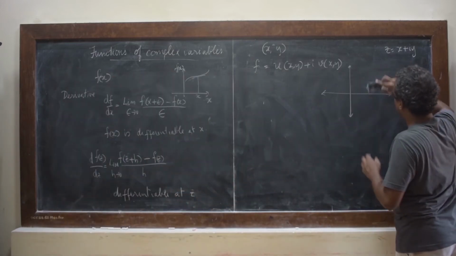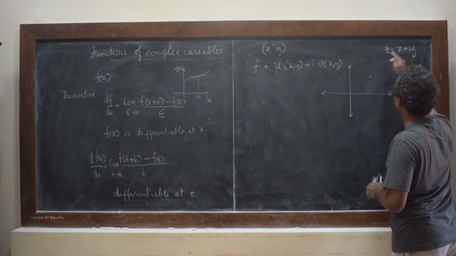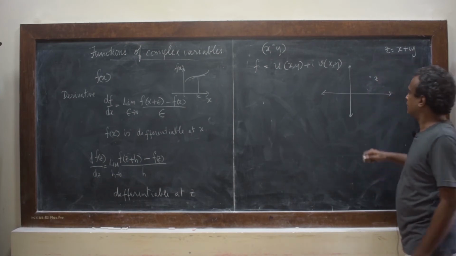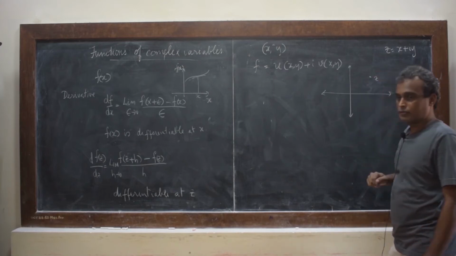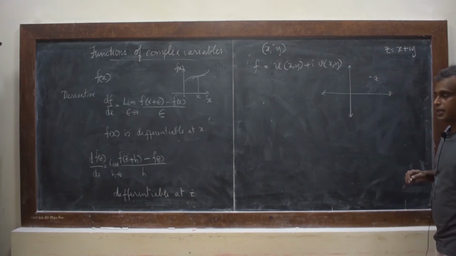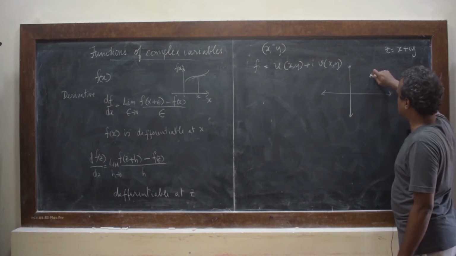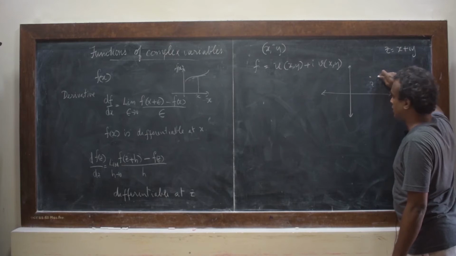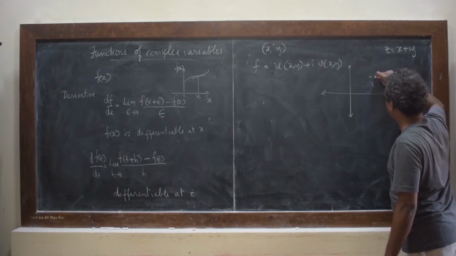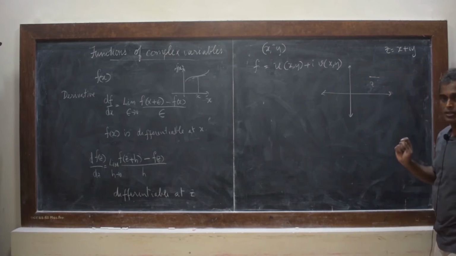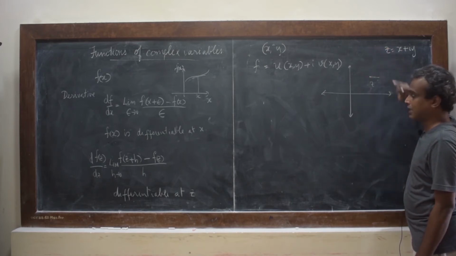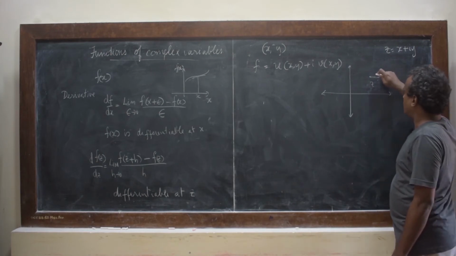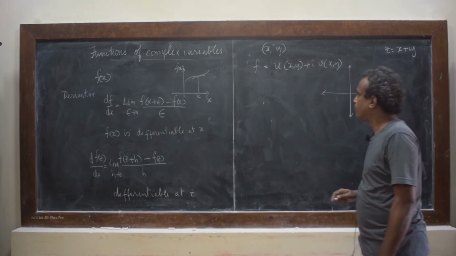So, let us consider the point z again, which has the coordinates x plus i y, and look at the derivative of f at the point z as you approach the point by moving in such a way that only the real variable changes by keeping the imaginary variable y constant, and see what its value is.